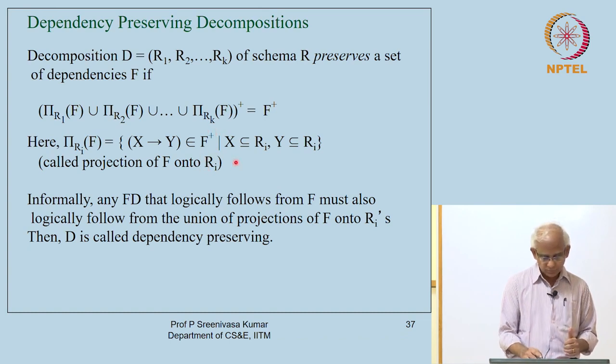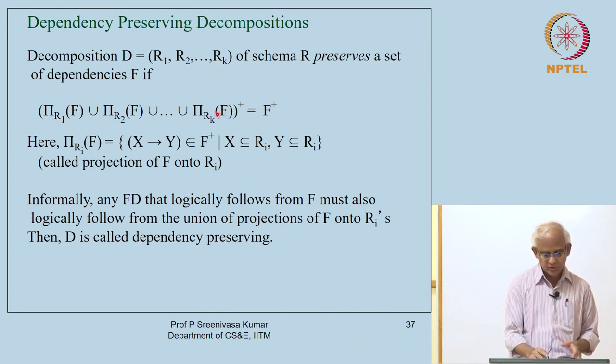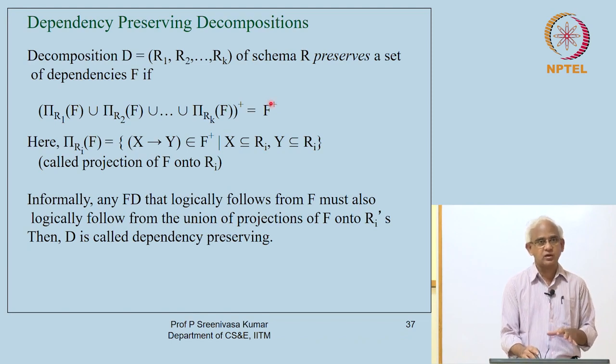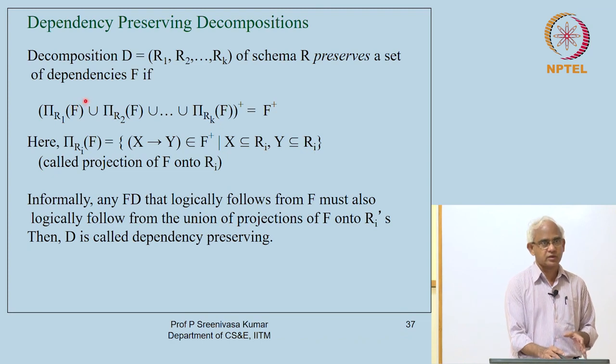Now, the decomposition is said to preserve the functional dependencies if you take these projections, take a union of all of them, and then take their closure. If that is equal to the F closure, that means all functional dependencies are available either directly in each of these Fi's, or they can be derived from these Fi's.